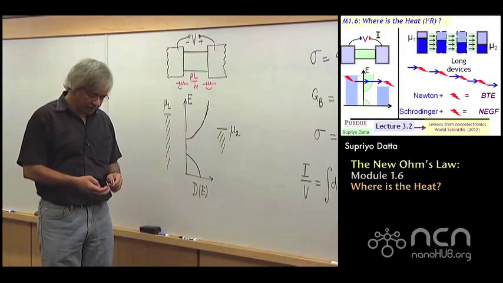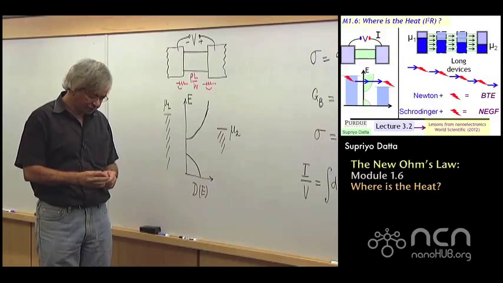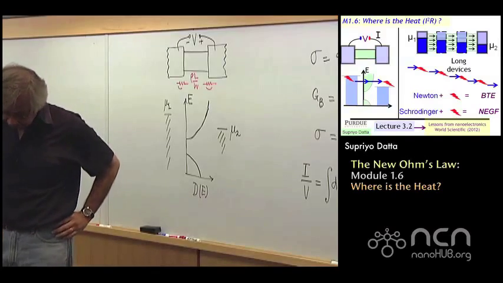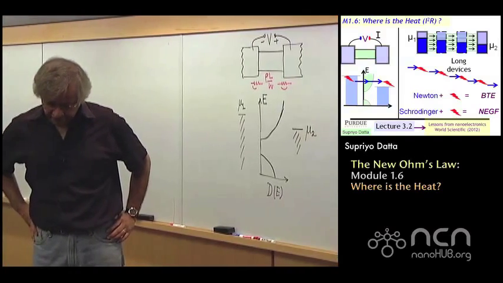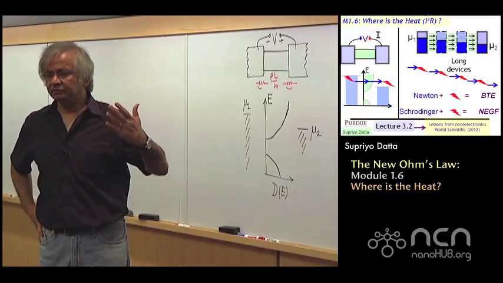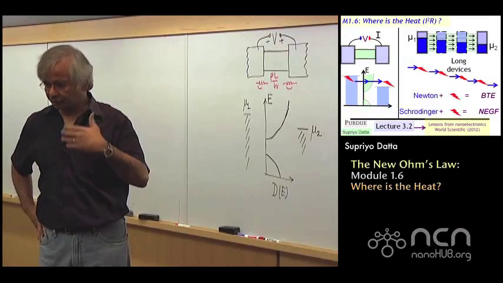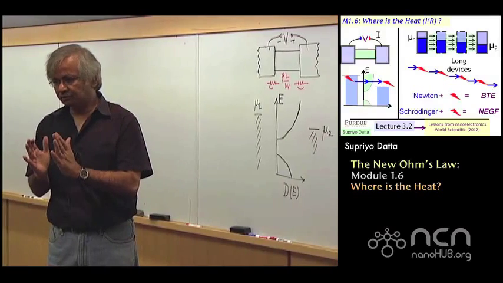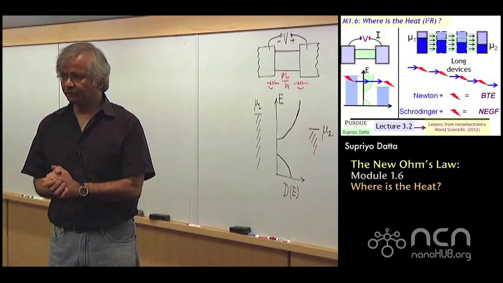Now, one important conceptual point that I want to stress here is that one of the reasons why people always assumed, or there was always this argument that when you make something really small, the resistance should go to 0.